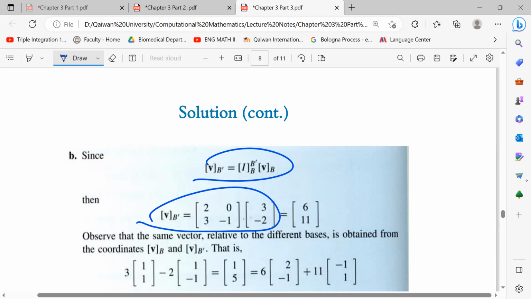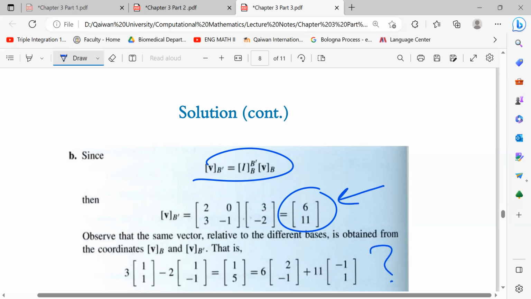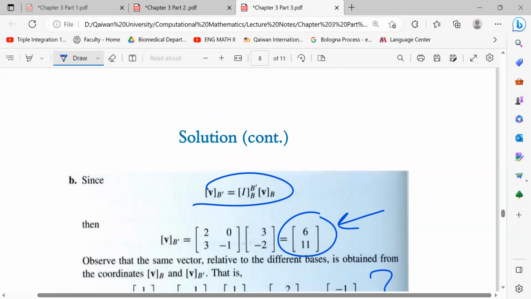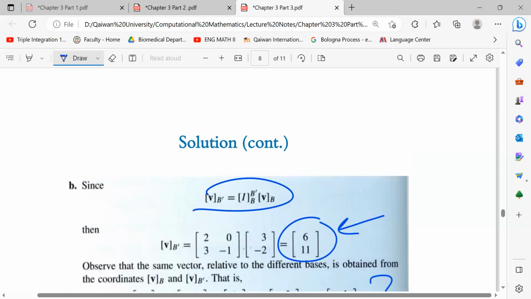Don't multiply the coordinates by the transition matrix. Okay? You must multiply the transition matrix by the coordinates. We just multiply these to get this. And that's it. So it's 6 and 11. This is the required. That's just some extra things. Okay. Here, I said just find the coordinates of V relative to B dash. We found it.